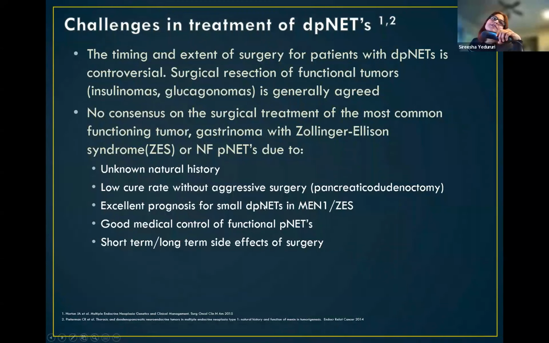They have an excellent prognosis when they are smaller lesions. And Zollinger-Ellison syndrome is also very well controlled medically, and they usually have a good prognosis. And this is the main reason, because these surgeries have long-term side effects and short-term very aggressive surgeries, and they have their own side effects.